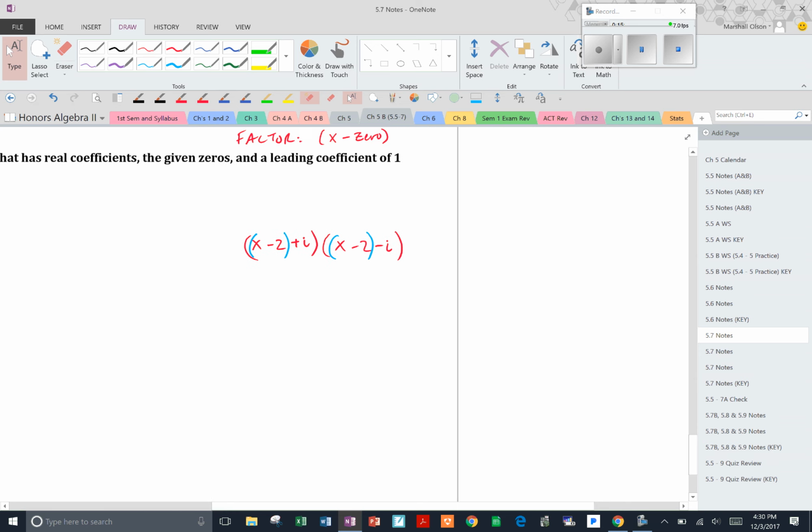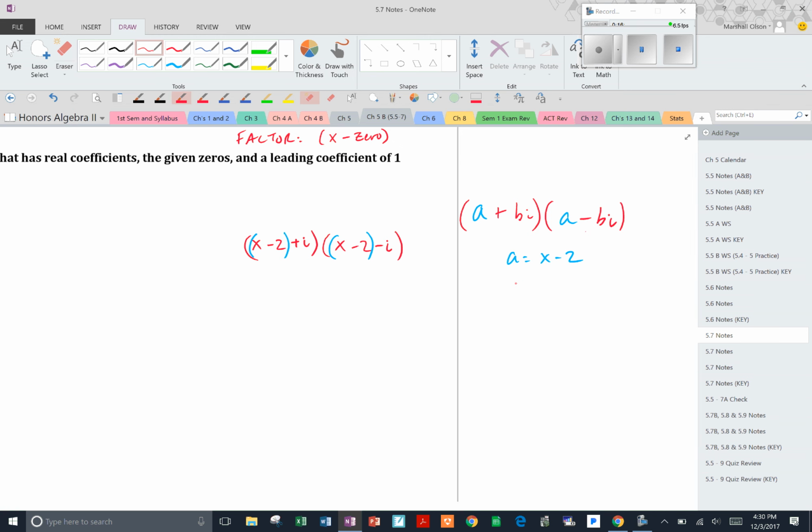Why? Because we have a plus bi and a minus bi here as our patterns. It's just that a is x minus 2 and b, which is the coefficient of our imaginary part, is 1.